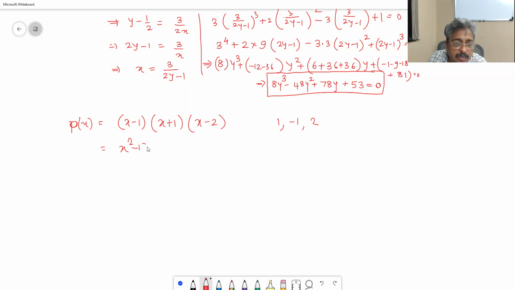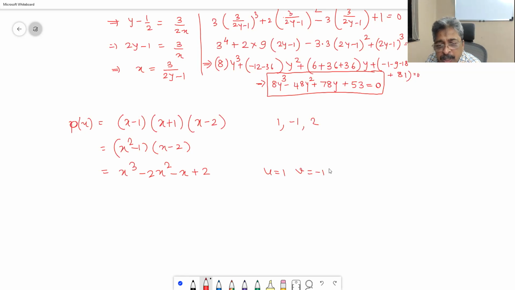X square minus 1 is to be multiplied by x minus 2, which is x cube. How many x squares? Minus 2x squares. How many x? Minus x plus 2. Okay, so if p of x is given like this, u is equal to 1, v is equal to minus 1, w is equal to 2.